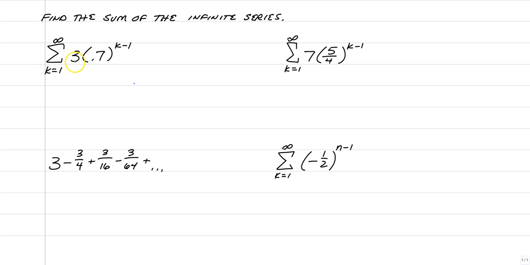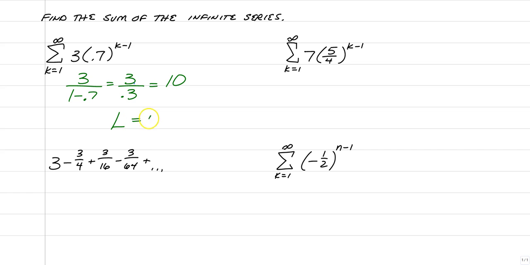That's how we know. 3 is our first term. 0.7 is our ratio raised to the k minus 1. So we just need to find the sum of an infinite series. Remember, our formula is our first term divided by 1 minus our ratio of 0.7. So that's equal to 3 divided by 0.3, which is 10.